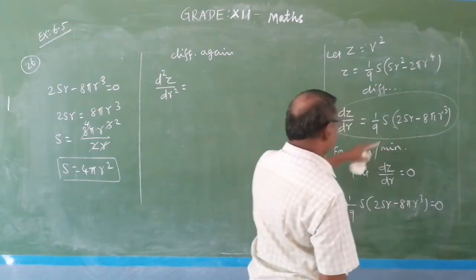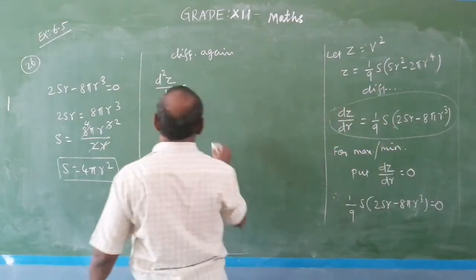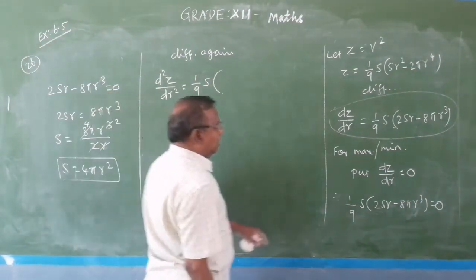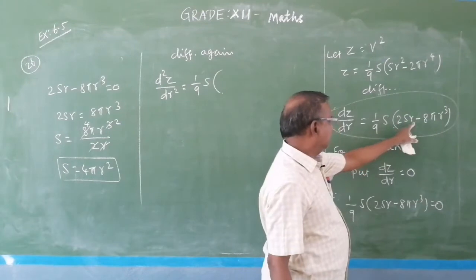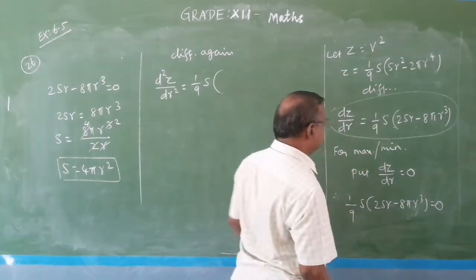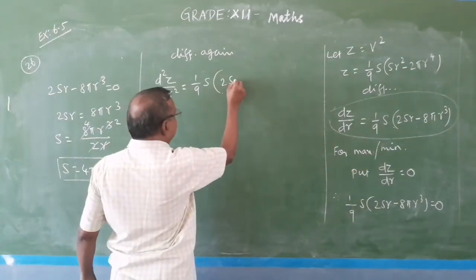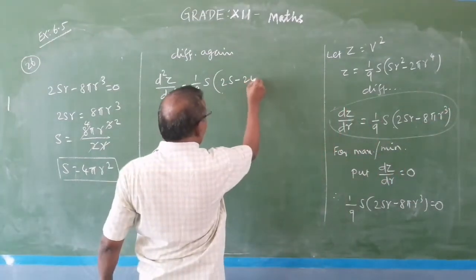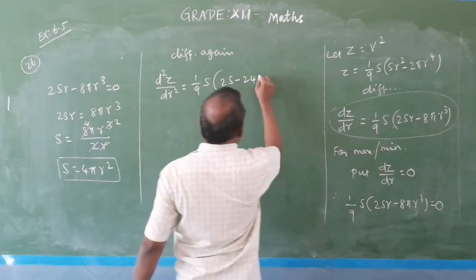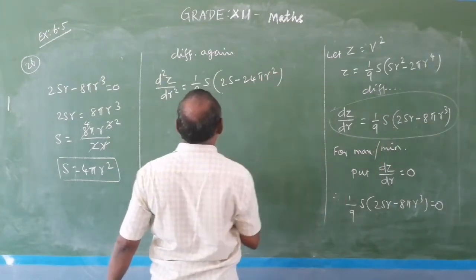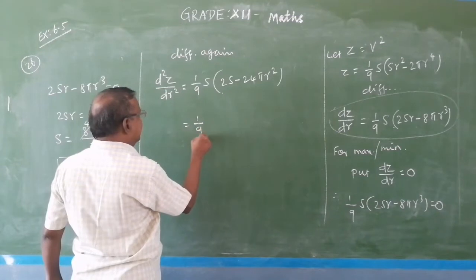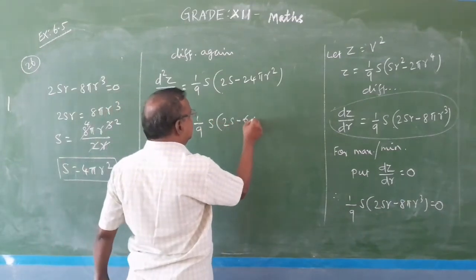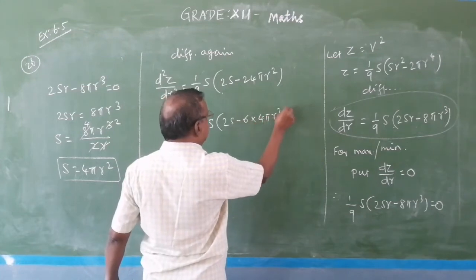So differentiating this function, 1 by 9 s is a multiplying constant, and 2sr differentiating is 2s into 1, that is 2s minus 3 into 8 pi r square, 24 pi r square, that is equal to 1 by 9 s into 2s minus 6 into 4 pi r square.